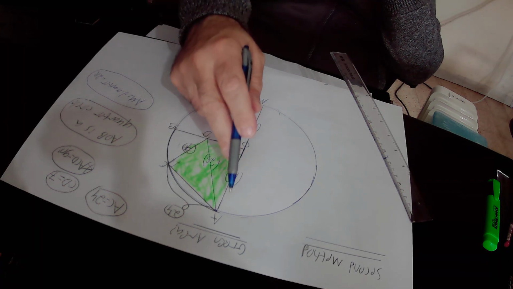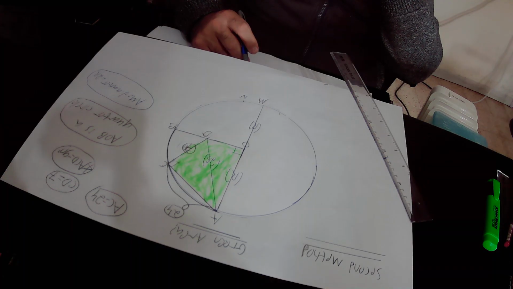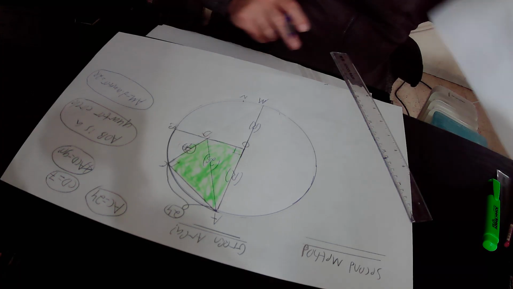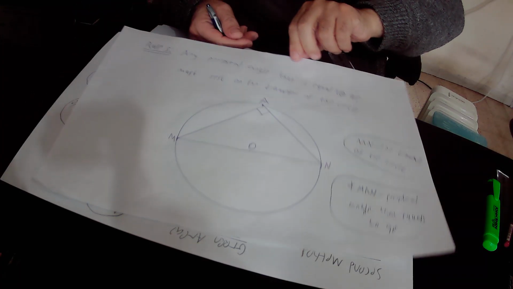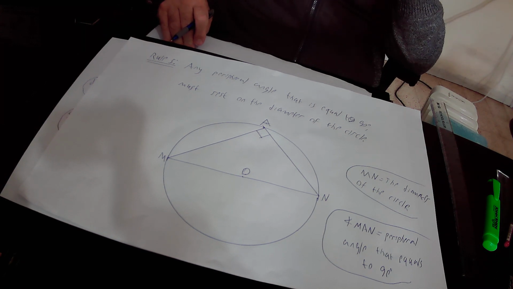It rests on chord AN that is not the diameter of the circle. And it contradicts rule number 5. Why? Because according to rule number 5, any peripheral angle that is equal to 90 degrees must rest on the diameter of the circle.